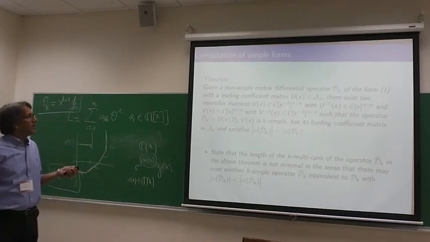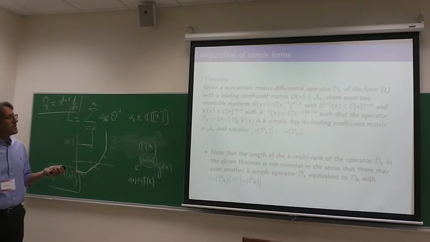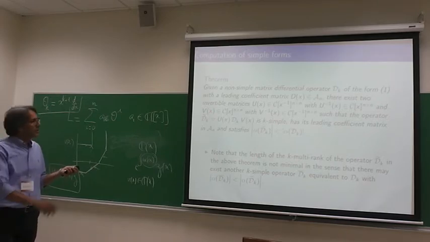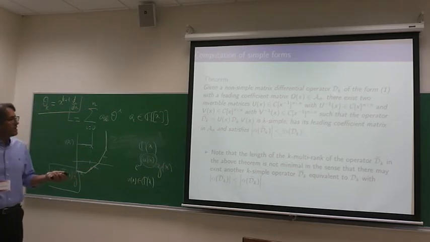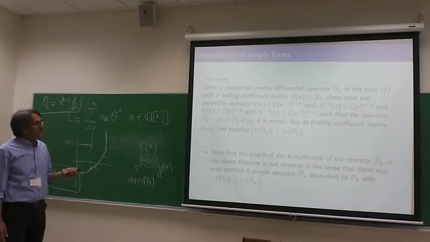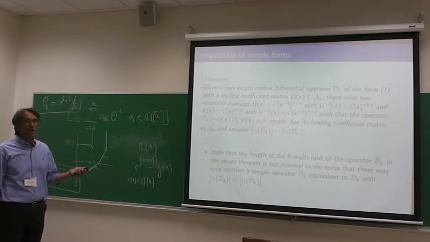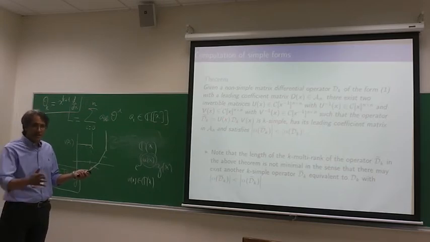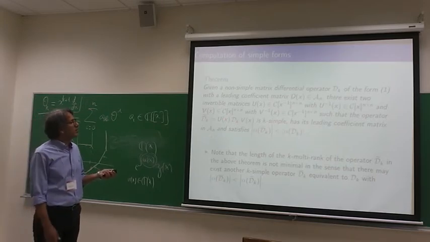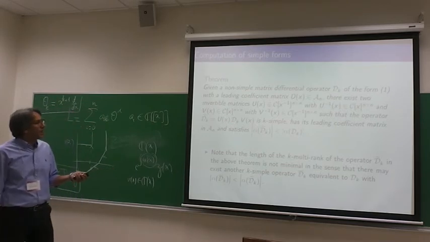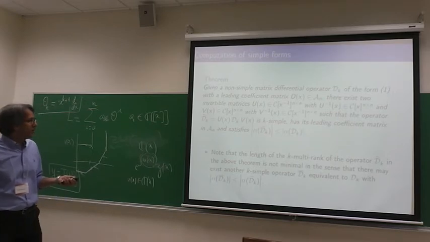V satisfies the same condition on the other side, such that the obtained equivalent system, U D V, is simple. So we can reduce any system to a simple system by polynomial transformations. This is very important for the algorithmic problem. And this new system has a multi-rank with length less than the original system. Okay?